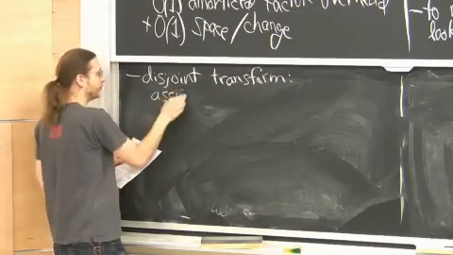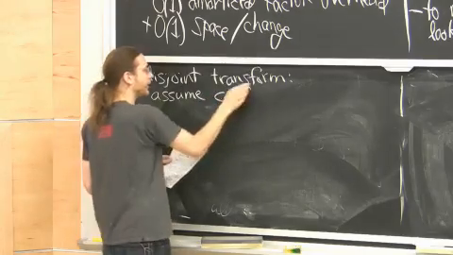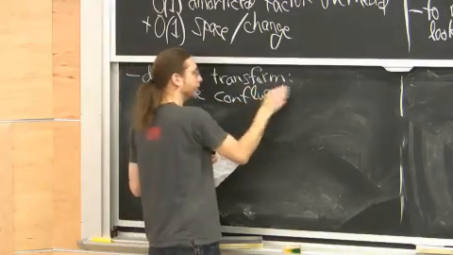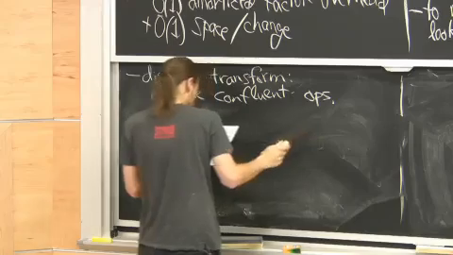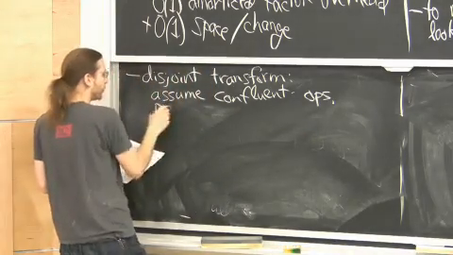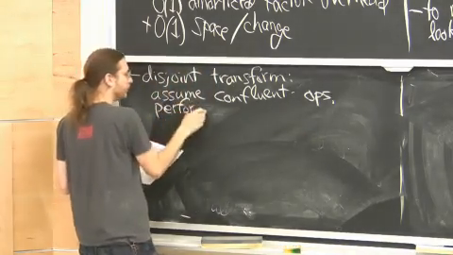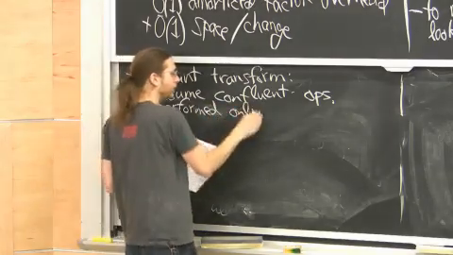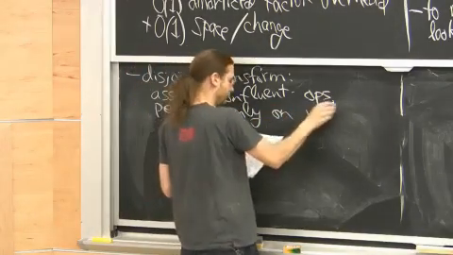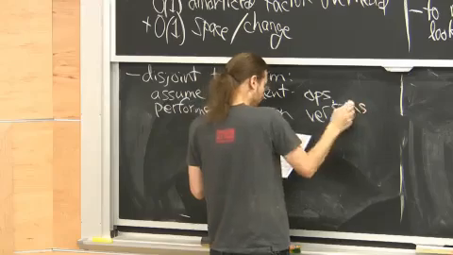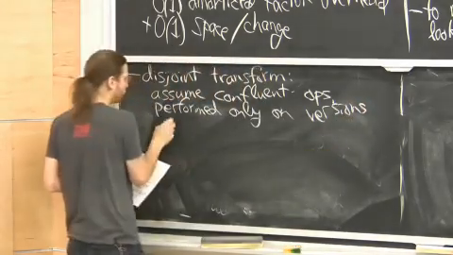If you assume that confluent operations are performed only on two versions with no shared nodes.